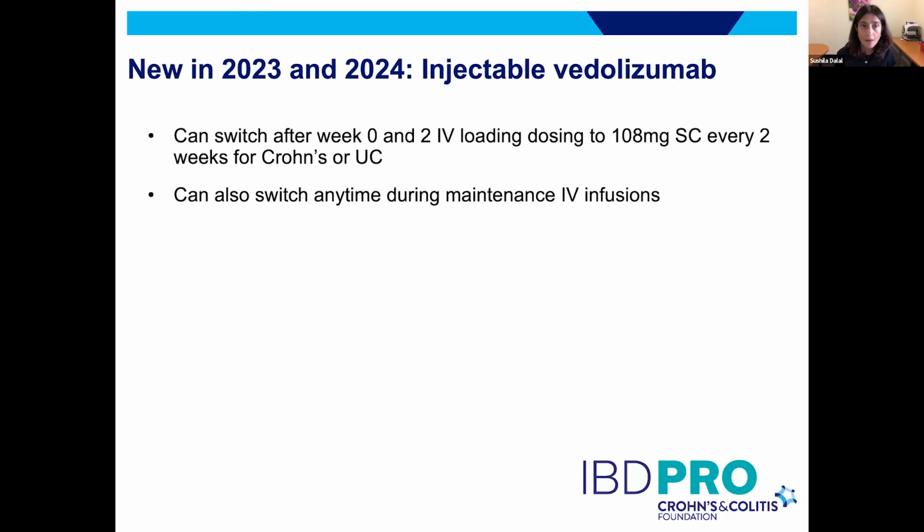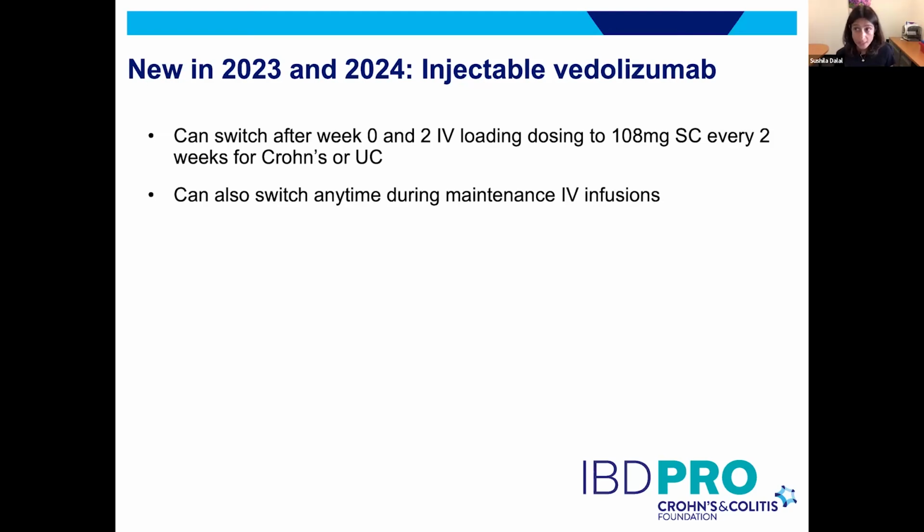Newest in vedolizumab is injectable. An injectable formulation was approved for ulcerative colitis in October 2023, and just a few weeks ago, the injectable version of vedolizumab was approved for Crohn's. So in those patients that are new starts for vedolizumab, they have the option after the first 2 IV loading doses to switch to a sub-Q formulation every 2 weeks, or patients that are on maintenance therapy can switch as well.